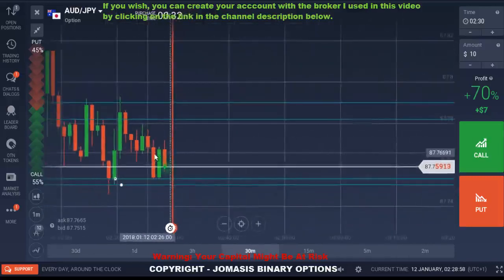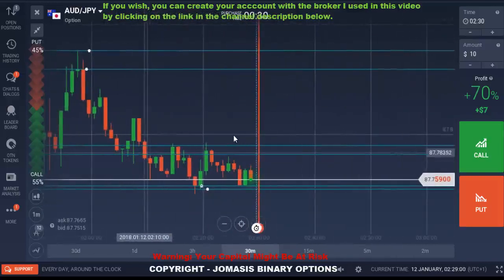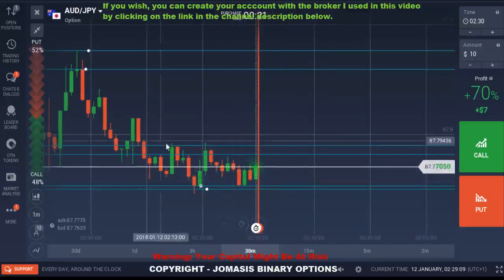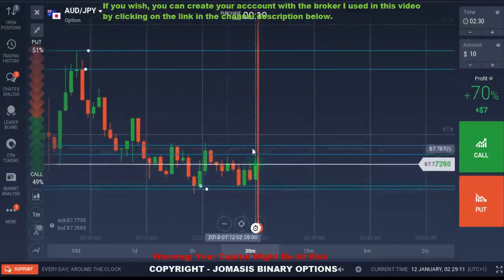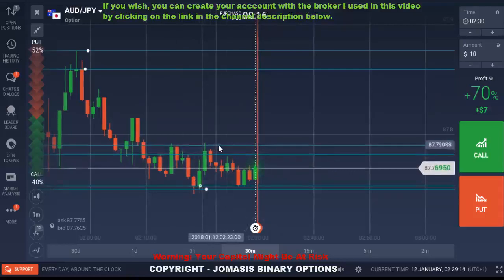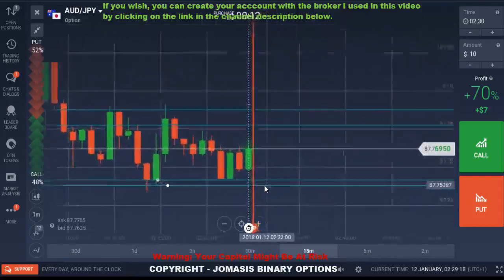But as a newbie or a beginner, you have to understand candlestick analysis. You don't just draw your support or resistance and trade whenever the candle hits them, or you are going to lose some of your trades.